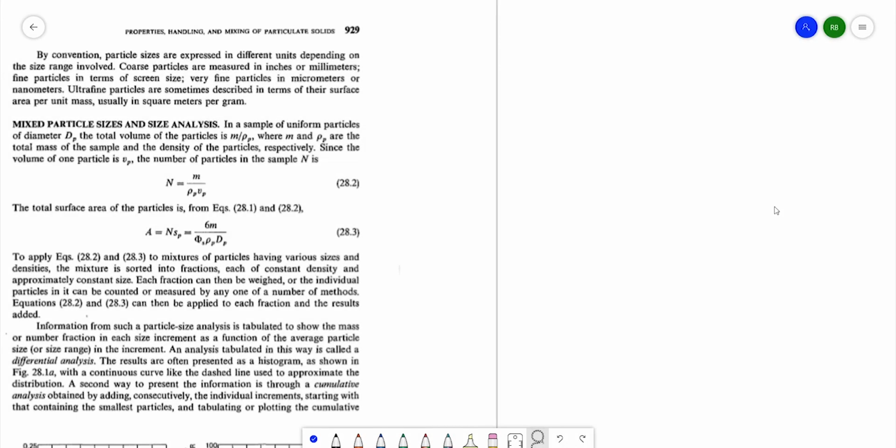Next, we'll learn how to calculate the total surface area of the particles. Suppose you have a group of particles. There are a lot of particles.